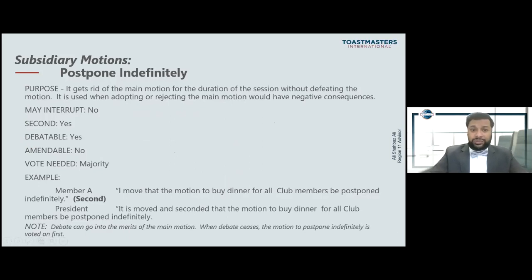It gets rid of the main motion for the duration of the session without defeating the motion. It is used when adopting or rejecting the main motion would have negative consequences. Now, if somebody in the assembly realizes that if we accept this motion in the heat of the time or argument or debate, maybe this motion won't be the best choice for the House in the short future or long future.